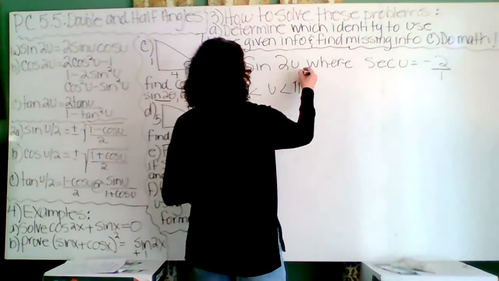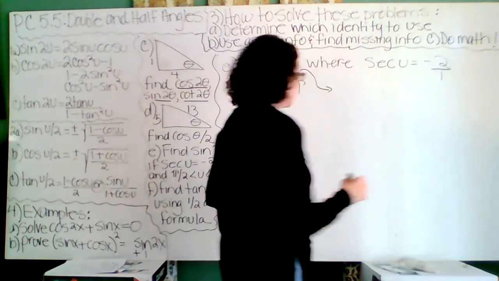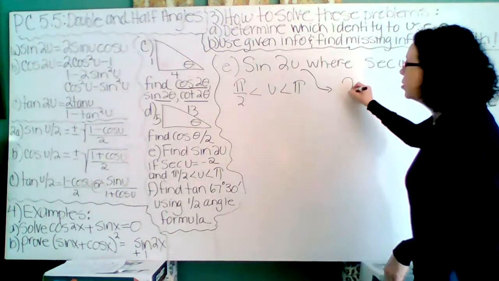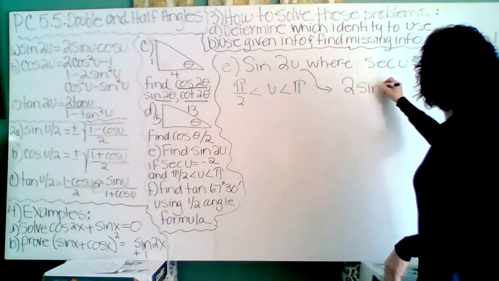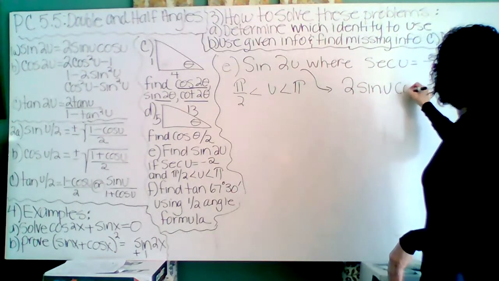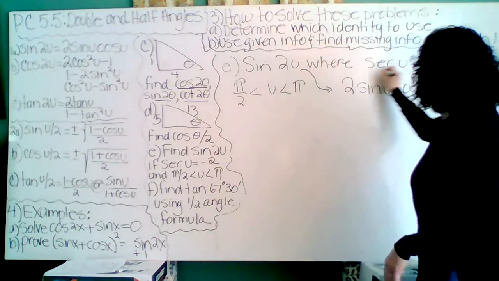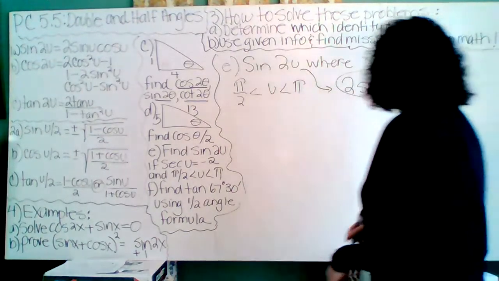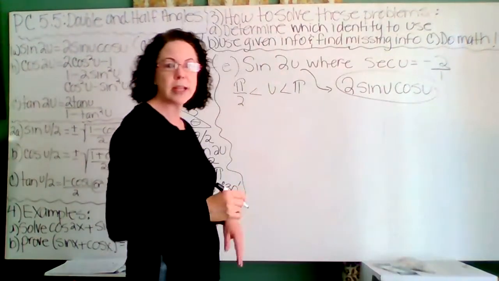So notice they're asking us for sine of a double angle, and that is 2 sine of u and cosine of u. So notice to use this formula, I need sine of u and cosine of u.